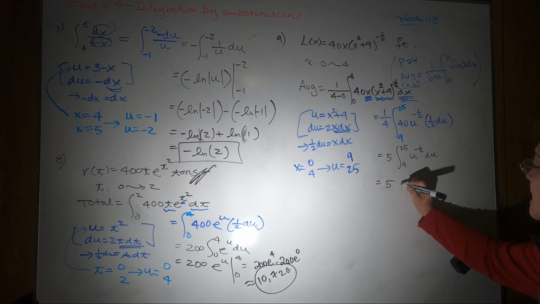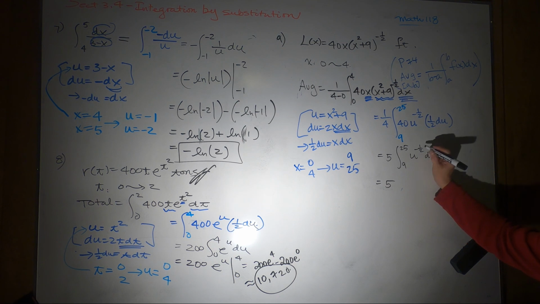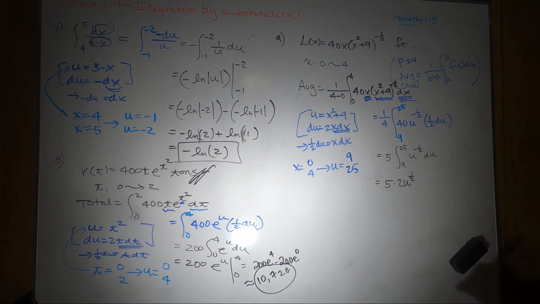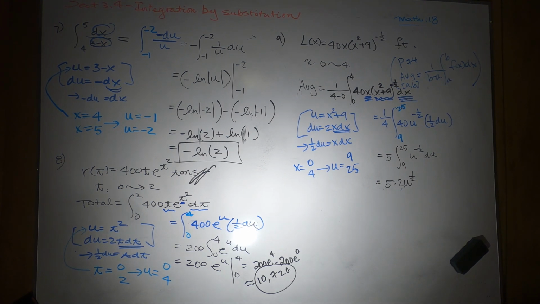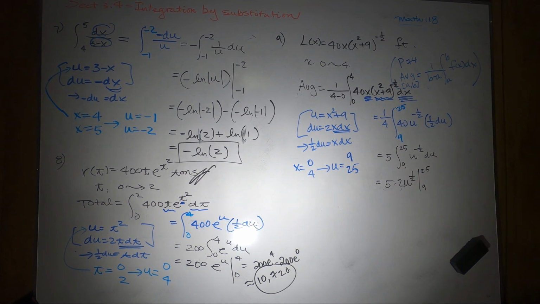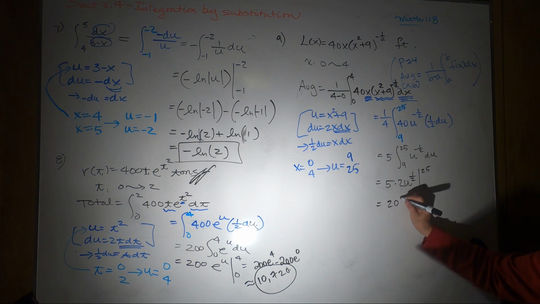So that would be 5. Then take an antiderivative one level higher, that divided by a half, right? It will be u to the half power divided by a half is the same thing as multiply by 2, right? From 9 to 25, right? So you plug in, that would be 20.